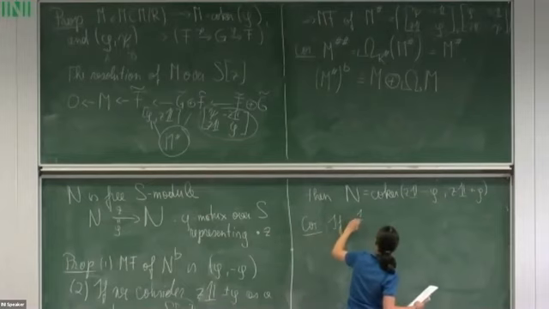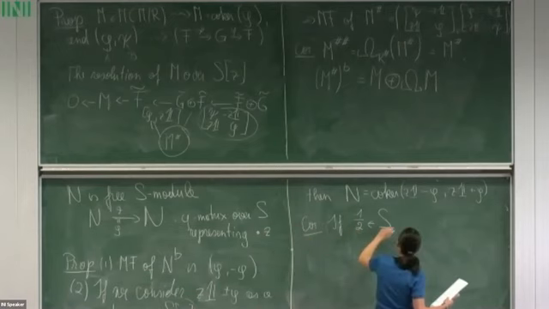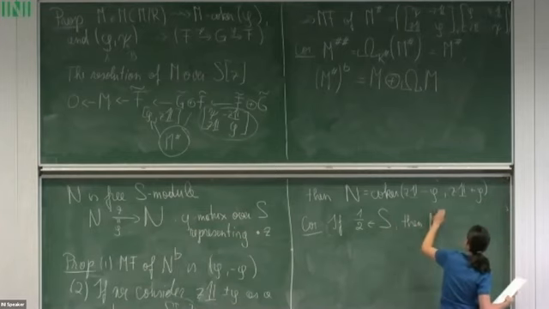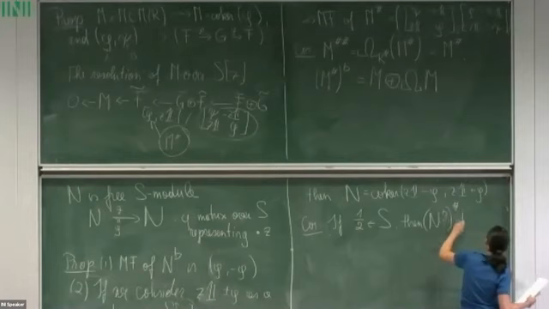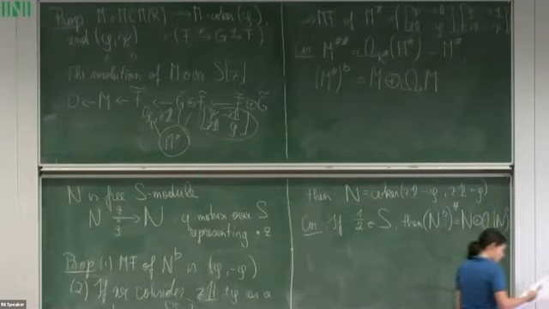So if we can invert 2 in S, then we have that N sharp is precisely N plus the syzygy R sharp.